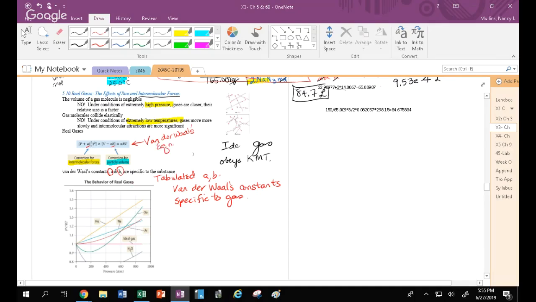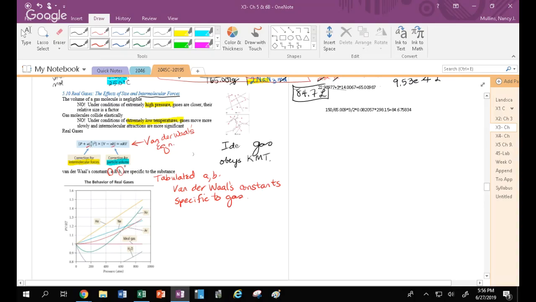Now, to be completely honest, I'm probably not going to make you do a calculation based on it just because it's tedious. I do think you should understand what the correction factors are about, that the intermolecular forces will affect the pressure term, and it makes the pressure more significant.